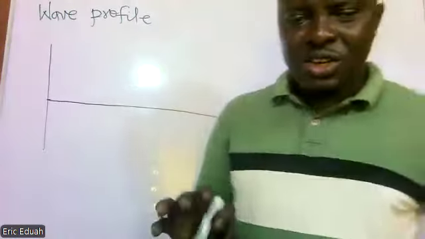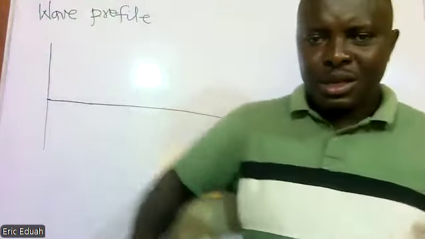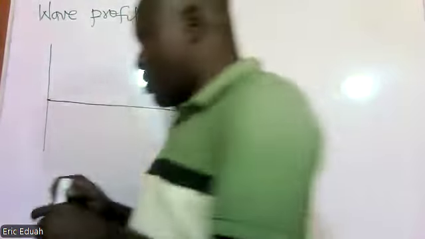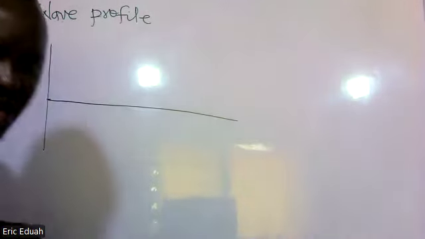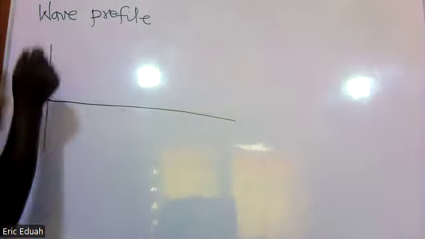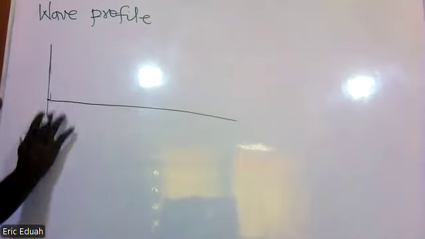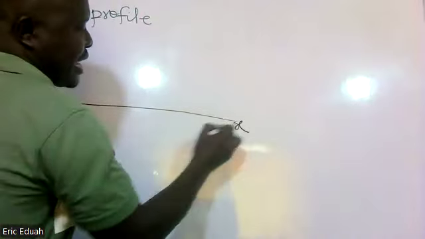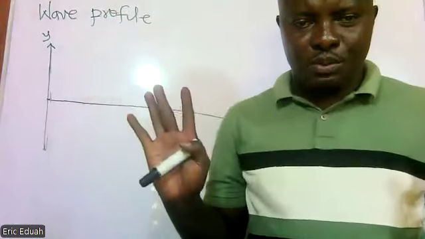Now, when the surface of the water is hit by external energy, the water molecules begin to vibrate. Their regular up and down vibration will be indicated by the vertical axis, Y. So Y, and X, with X representing the equilibrium position of the particles of the medium, undisturbed.